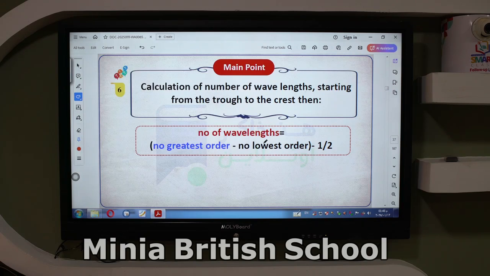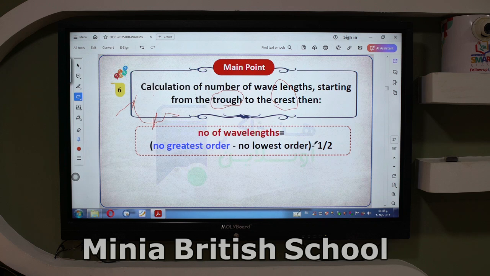Calculation of the number of wavelengths starting from the trough to the crest: when we have a trough and a crest, this means one for the crest, like here, and the other one for the trough.